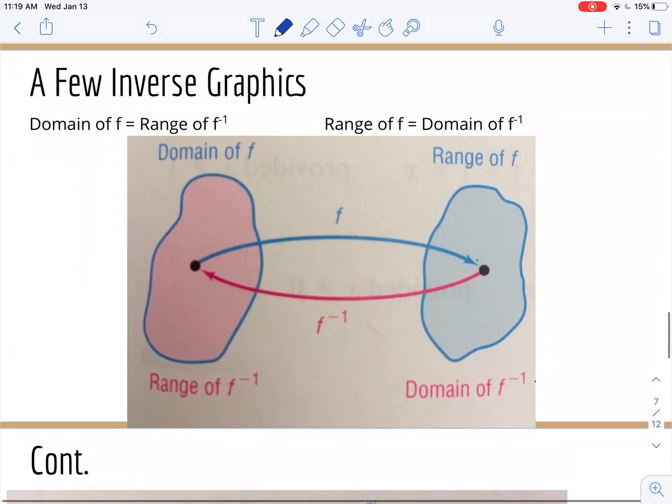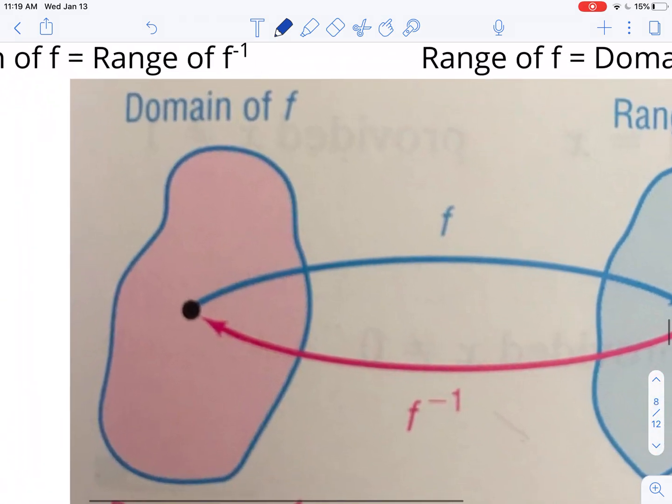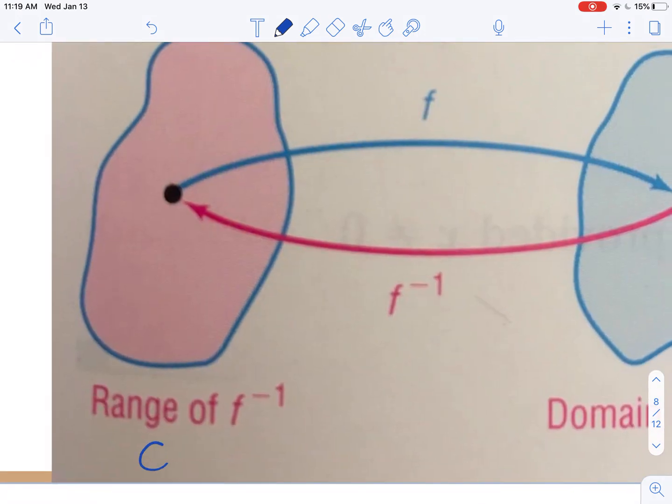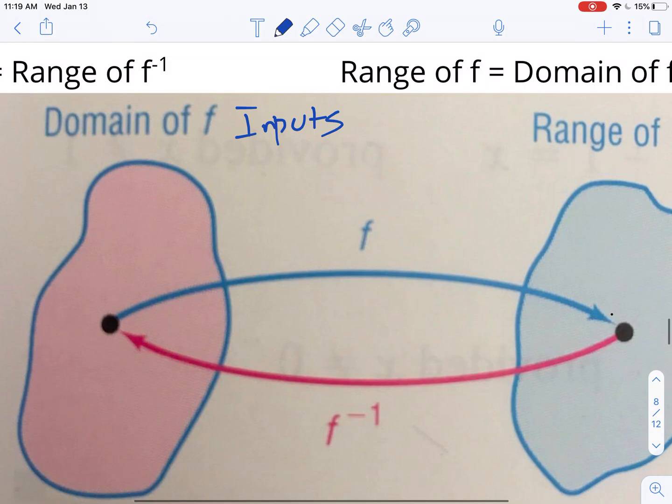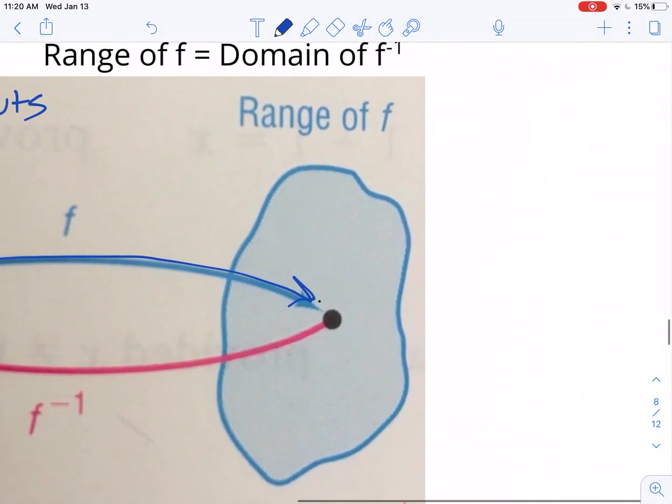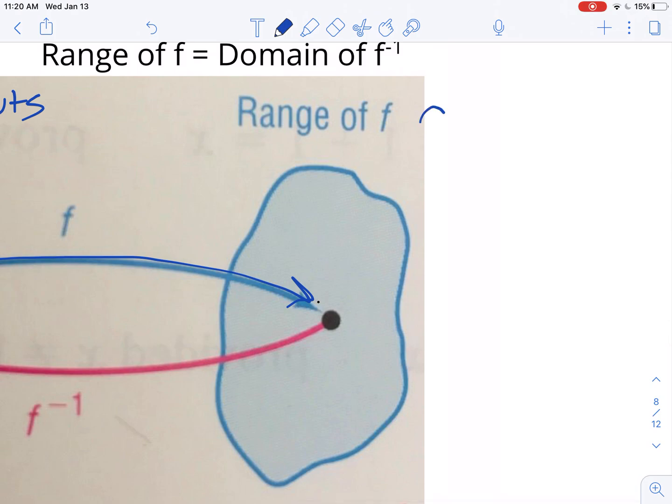So I've got this visual here. I've got the domain of my function, which are the inputs, and the domain of my function, which are my inputs, are going to be equal to my outputs for my inverse function. Because when I plug something into my function and put it through the function machine, however you want to think about that, I get to the range of my function, or my outputs.